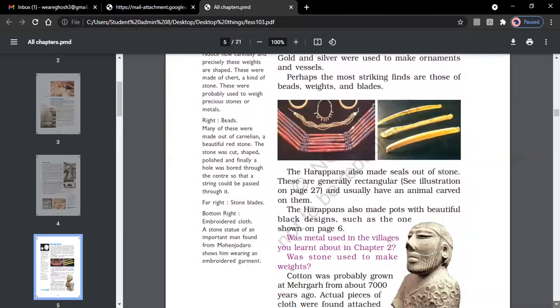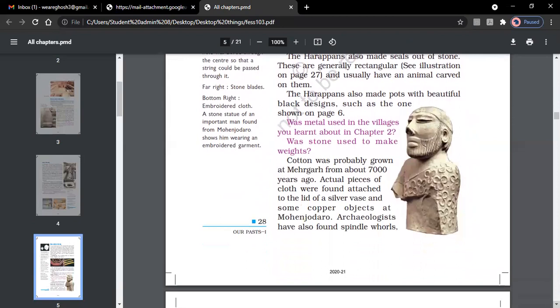Next, come here. We will read about the seal. And here is a very important question for your MCQ. Cotton was probably grown at Mehrgarh from about 7,000 years ago. Underline 7,000 years. This is the finding.